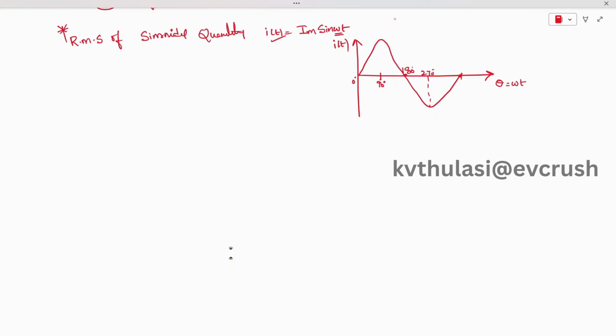Here you can see that when you fold this waveform, the positive and negative halves are the same. If you bring the bottom up to the upper value, both are of the same magnitude and height, so I can say this waveform is a symmetrical waveform.